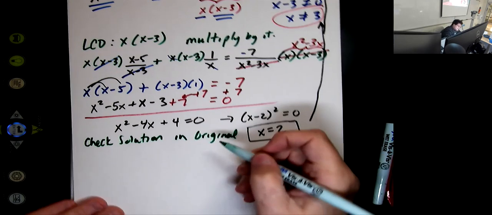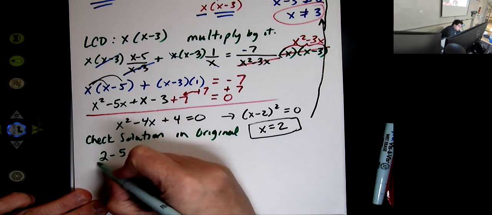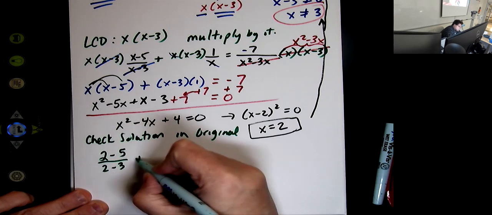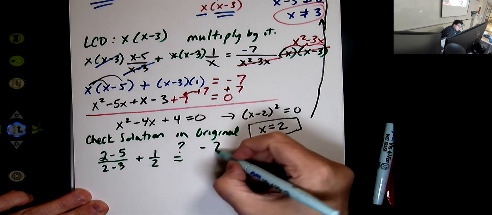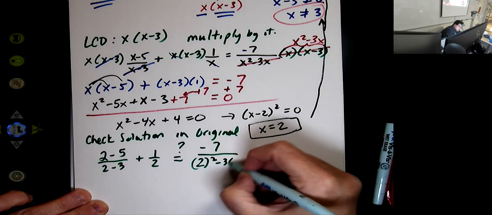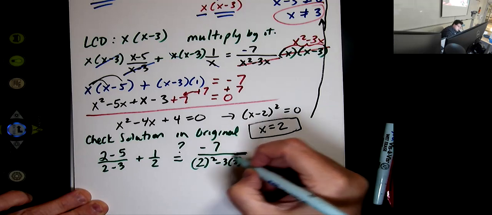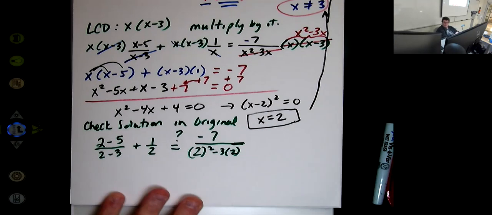So everywhere I see an x, I'm going to put in a 2. I'm just trying to see if the left side equals the right side. Hopefully, yes.